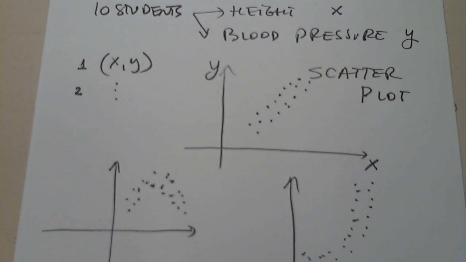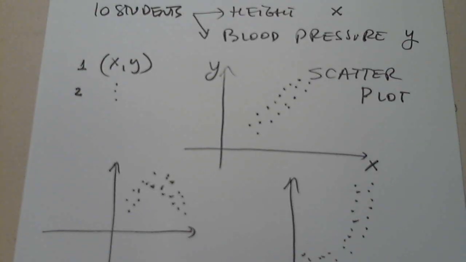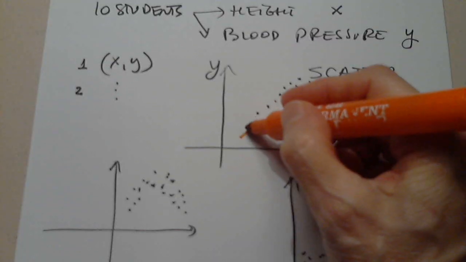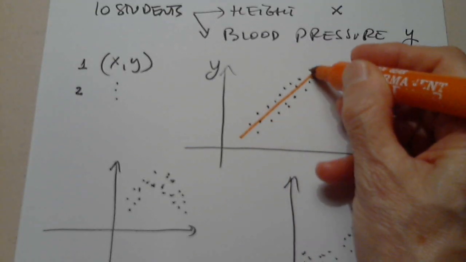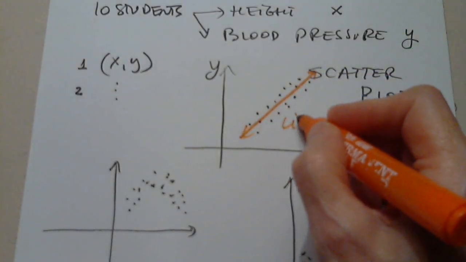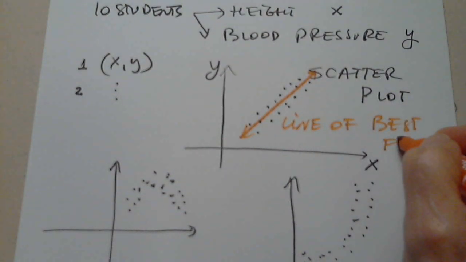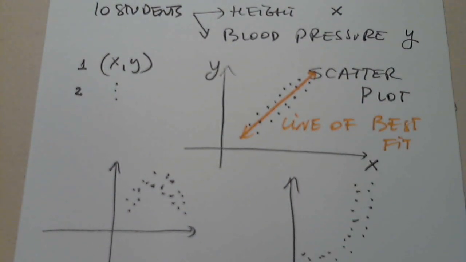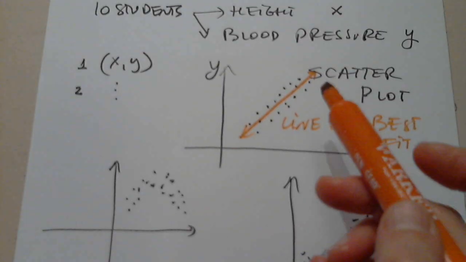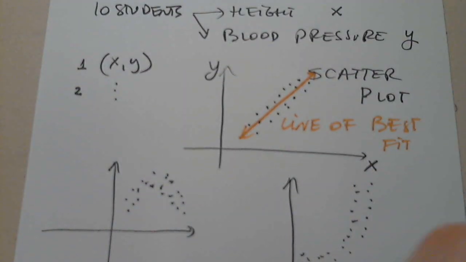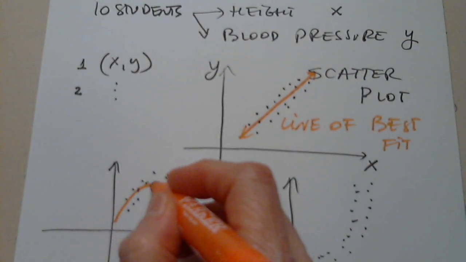From all these 3 examples, only for the first example, I can fit the line of best fit. The line with the minimum possible error, because the scatter plot looks like a tendency of a line. This one is quadratic.